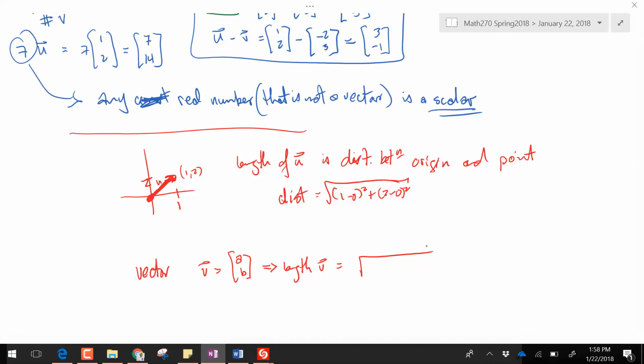It's not another vector. It's going to give you a scalar value. It's going to be the square root of a squared plus b squared, each of those components. And the length can be generalized to three-dimensional vectors as well, and for that matter, any dimensional vector.